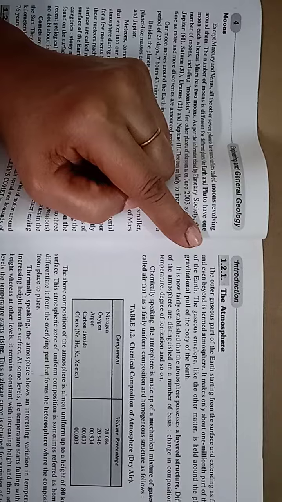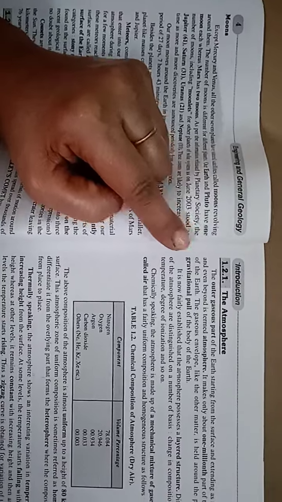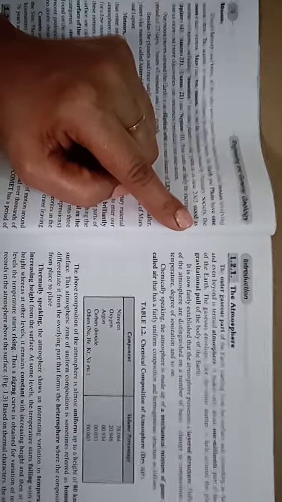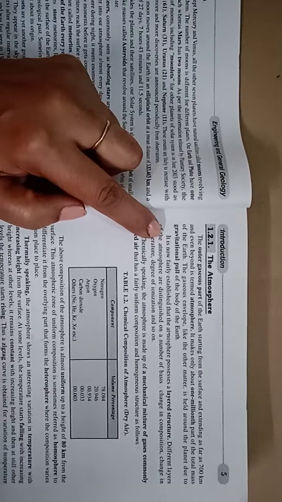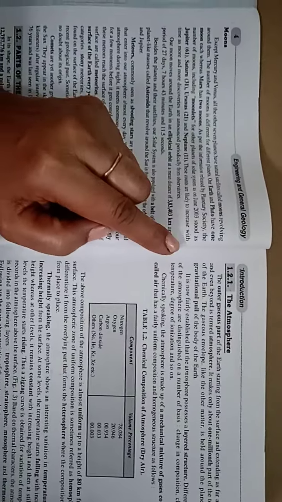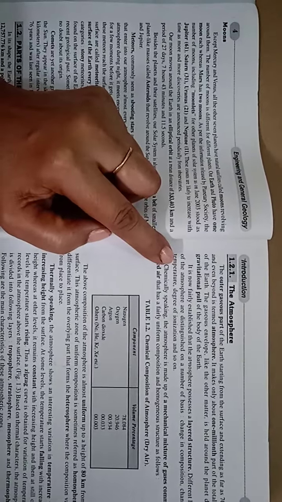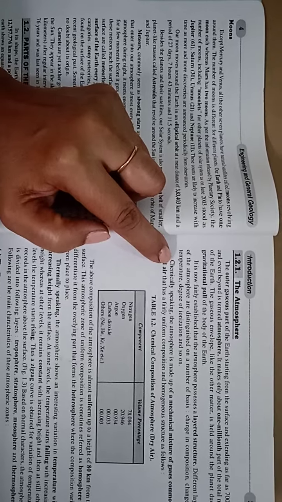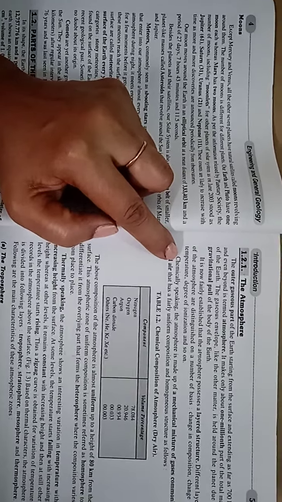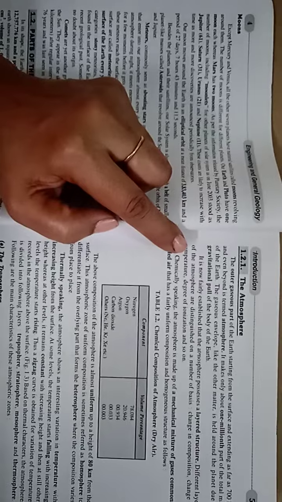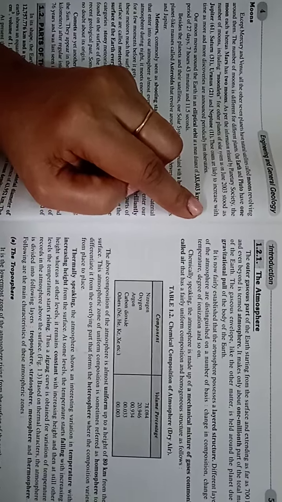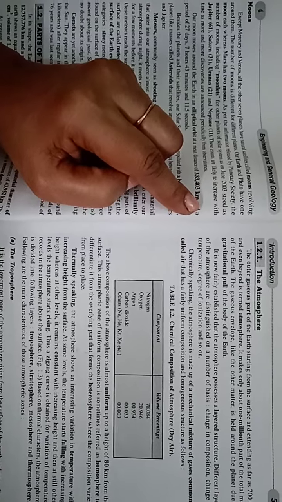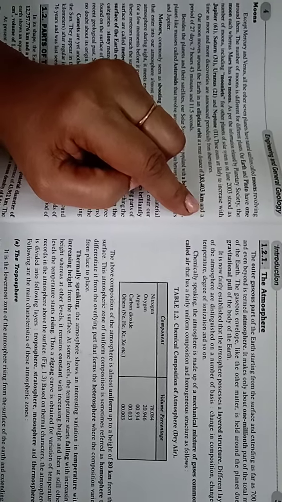The gaseous envelope, like other matter, is held around the planet due to the gravitational pull of the body of the Earth. It is now fairly established that the atmosphere possesses a layered structure. Different layers of the atmosphere are distinguished on a number of bases: a change in composition, a change in temperature, degree of ionization, and so on.